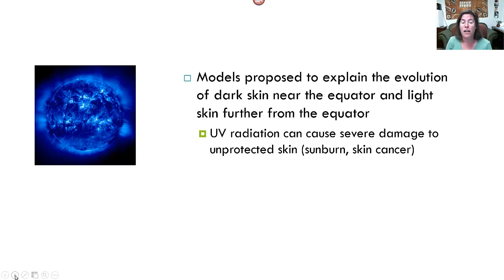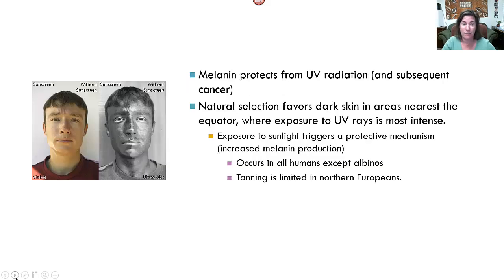In particular, ultraviolet radiation can cause severe damage to unprotected skin. The most immediate effect is sunburn and skin cancer. Melanin provides protection from overexposure to sunlight radiation, which can cause genetic mutations in skin cells. These mutations cause skin cancer, which can eventually result in death.